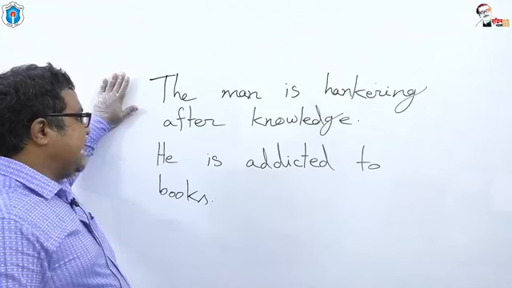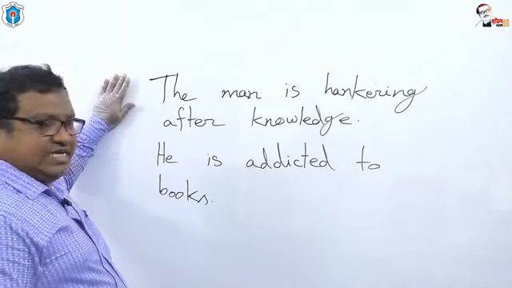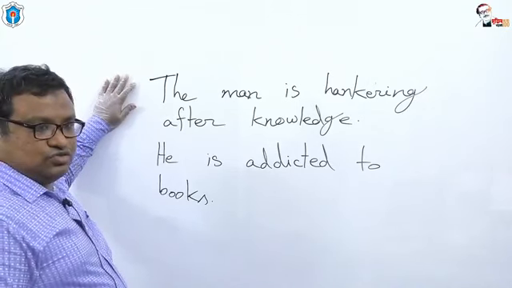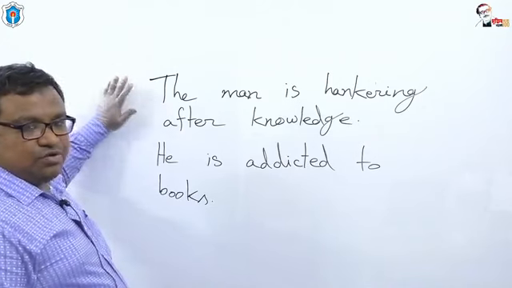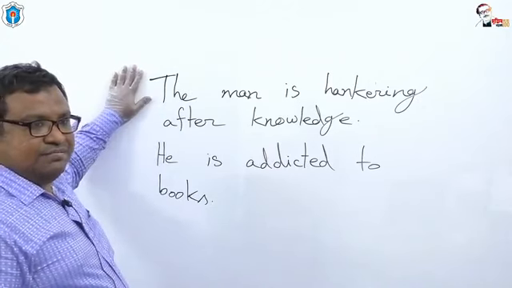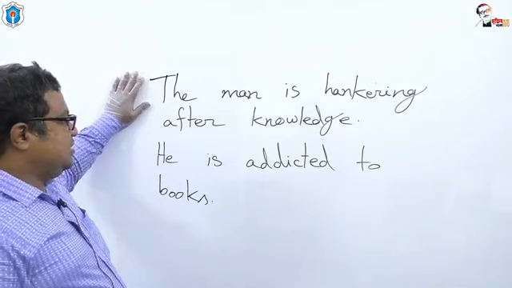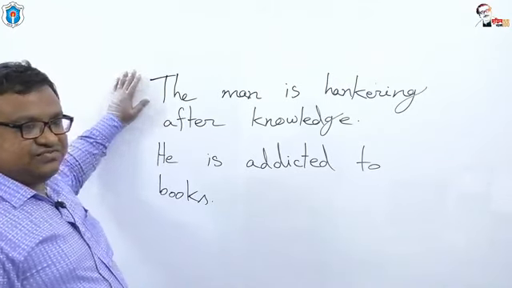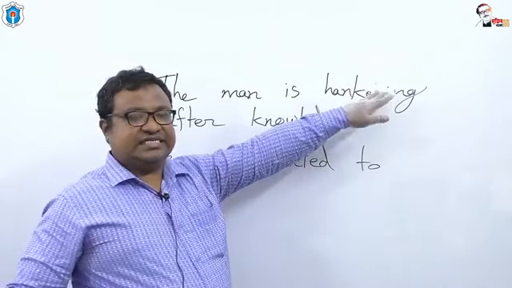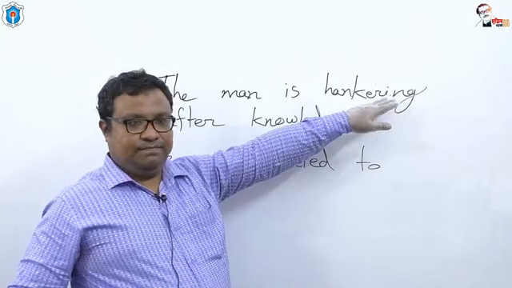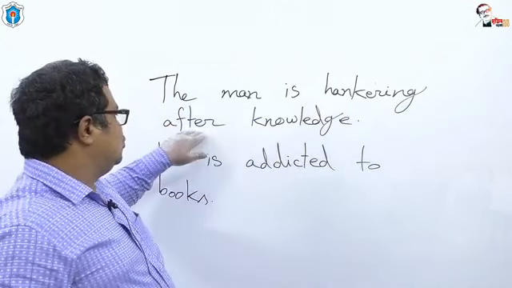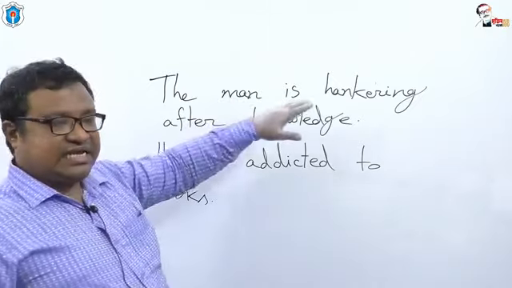The man is hankering after knowledge. He is addicted to books. So what is the problem here? The problem here is, when I am using this phrase hankering after, it is actually referring to something negative.